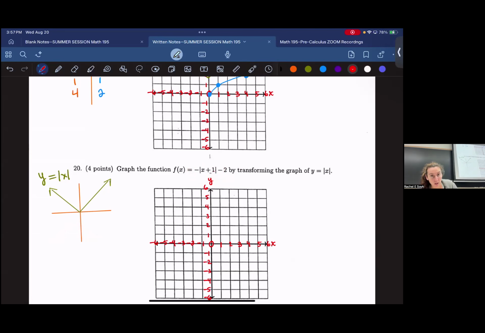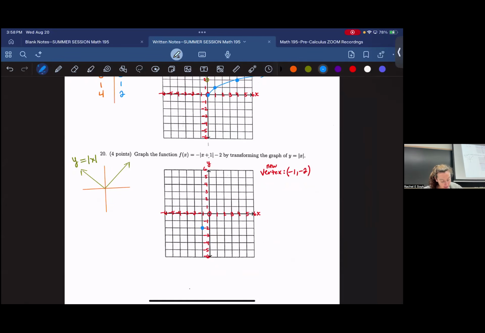That horizontal shift and that vertical shift tell us where our new vertex is. Our new vertex is where? I'm going to go ahead and plot that. And then we just have that same slope of 1, it's just going to be upside down.